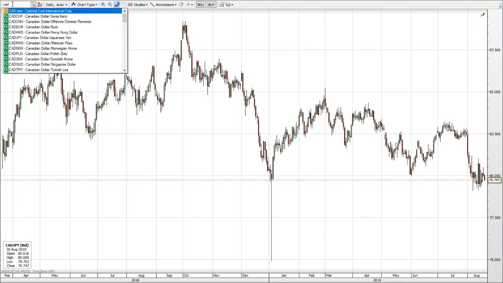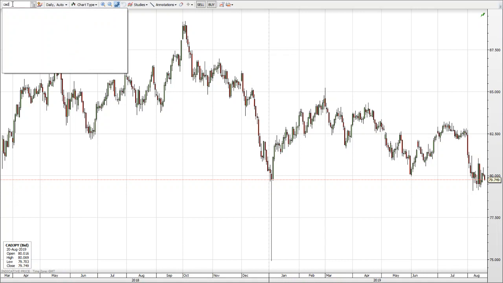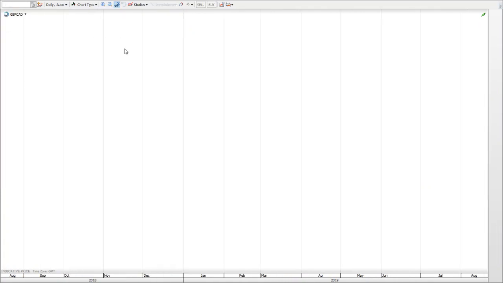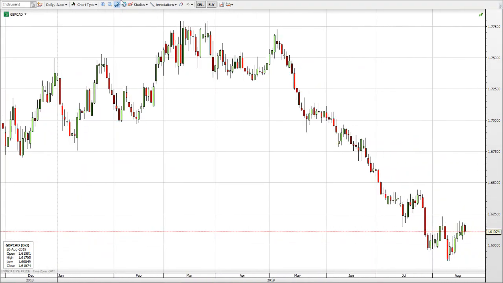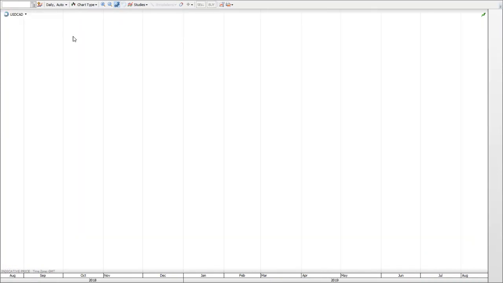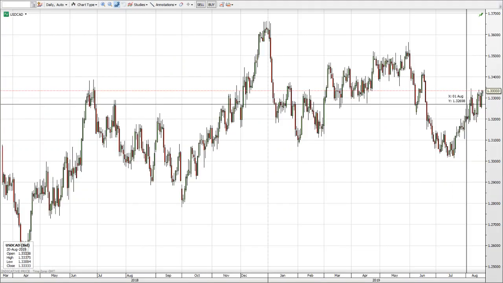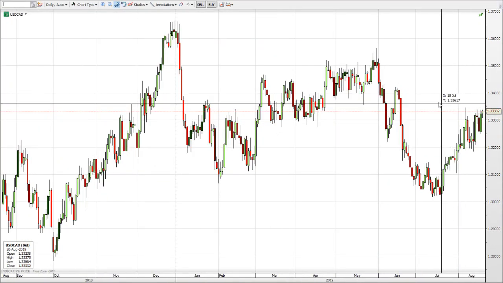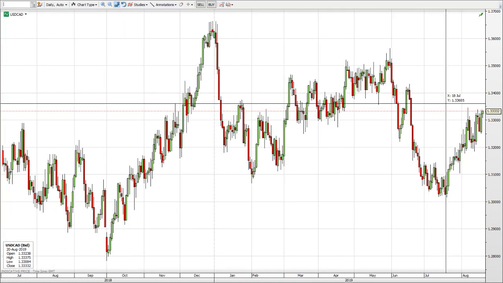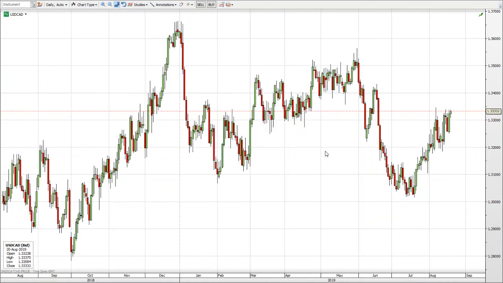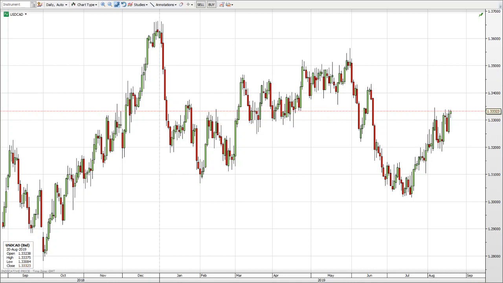So you can see that the Canadian dollar has not been doing too well against other currencies as well. Even against the pound it's not doing that great. That to me signals weakness in the Canadian dollar, which is exactly what you want. It hasn't reached new highs yet, but it looks very much like it will. So I think that's a decent bet.